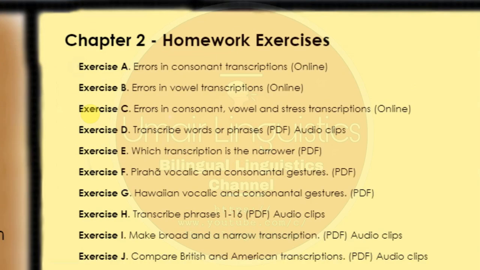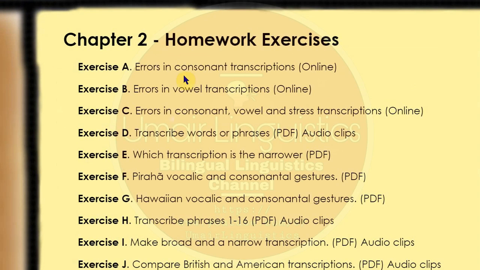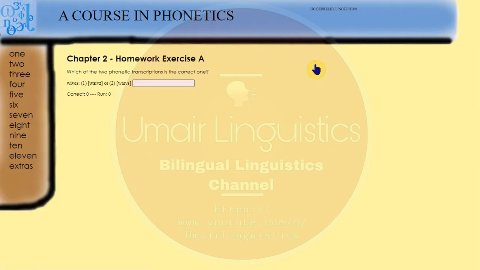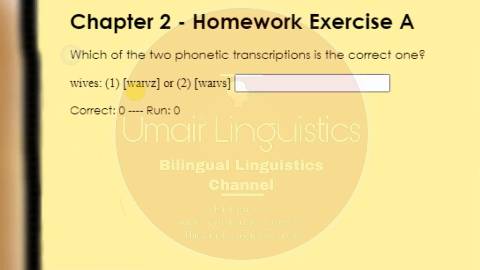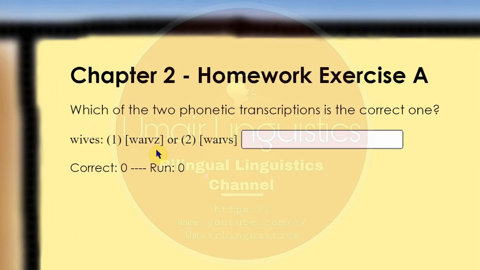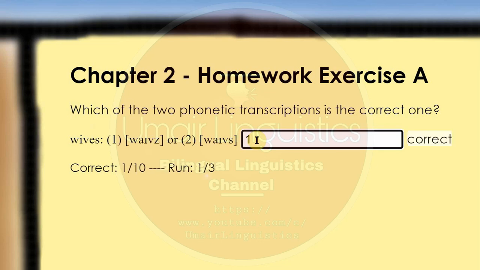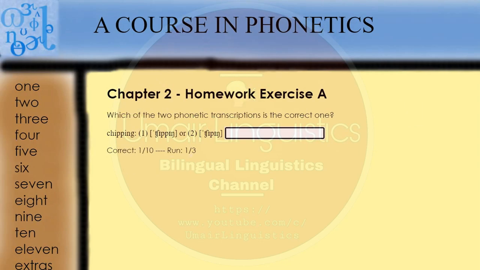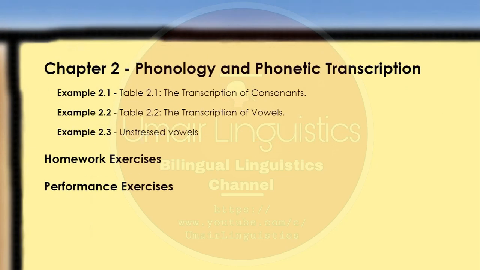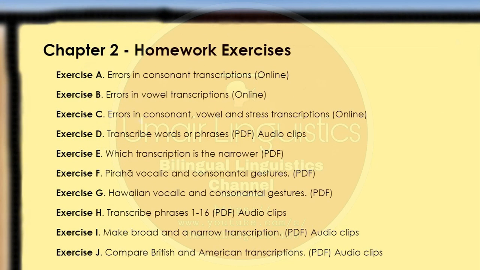Even the first exercise you can solve in this way: which one is correct, wise or wise, just write 1. So even in this way you can solve the first two questions as well. However, as far as the third question is concerned, we have to solve online errors in consonant, vowel, and stress.